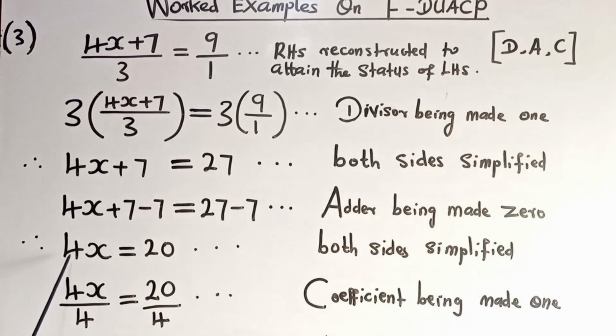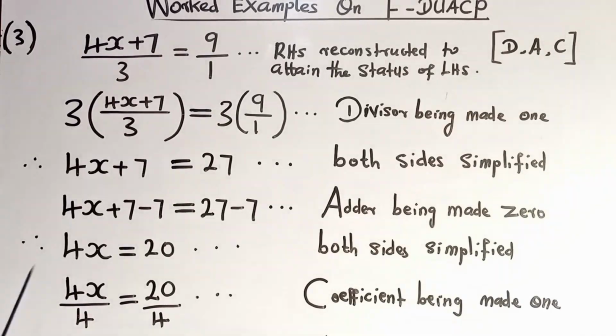Please compare this left-hand side with this left-hand side. What is new? This 4 is new. It was brought from outside this operation to achieve a goal. That 4 was brought to make this 4 become 1, so that when 4 divides 4, the result is 1.